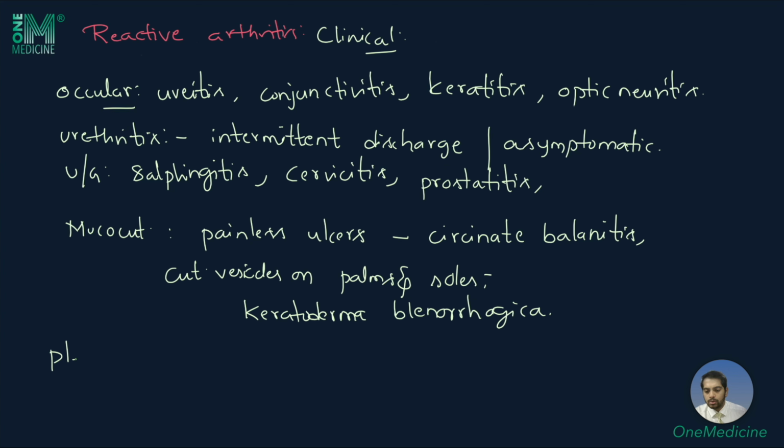Other features can include pleuropericarditis, aortic regurgitation, secondary amyloidosis, and neurologic symptoms.